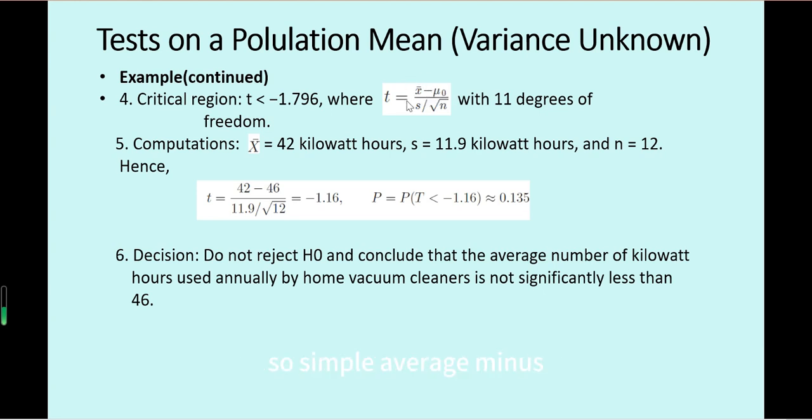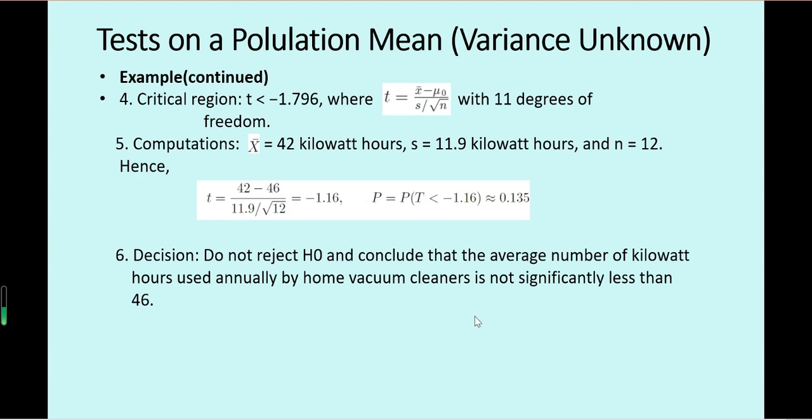So sample average minus the null hypothesis, 46, then divided by the sample standard deviation, divided by square root of n sample size. So this statistic will have t-distribution of 11 degrees of freedom. So we get t equals minus 1.16.